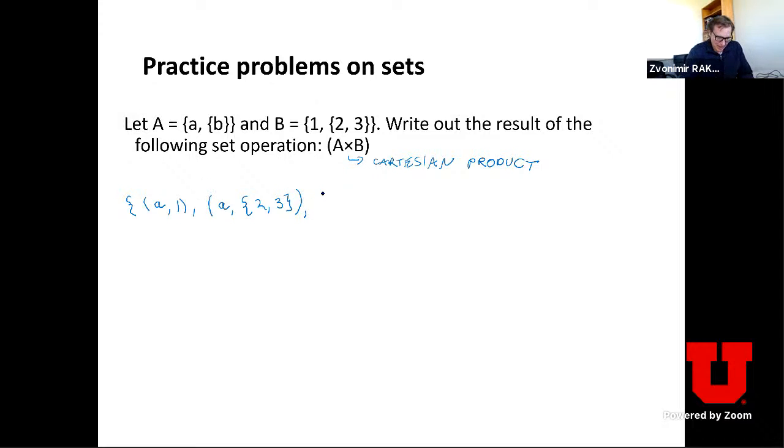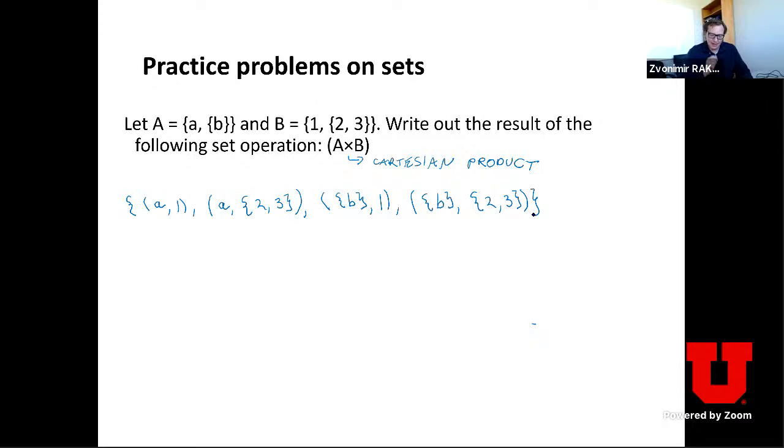Then we have this element set B, comma 1. And we have B, comma, 2, 3. So that's the solution.